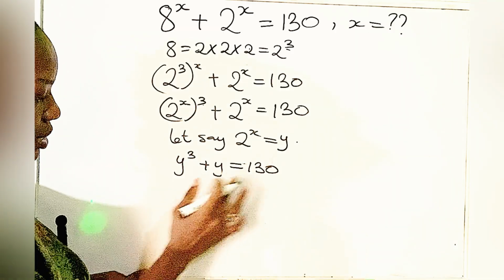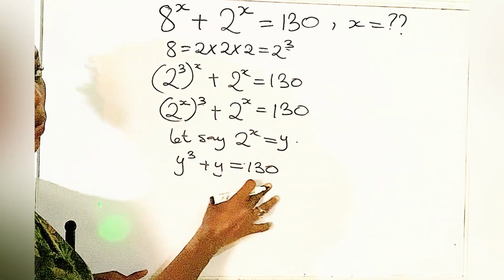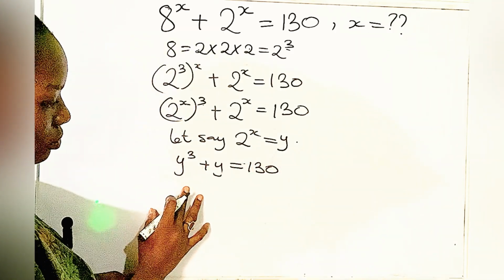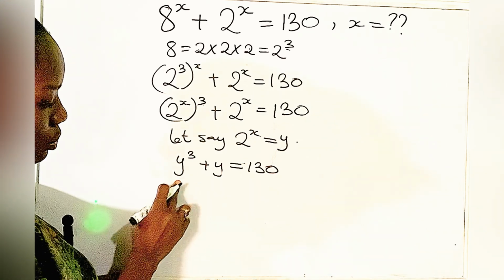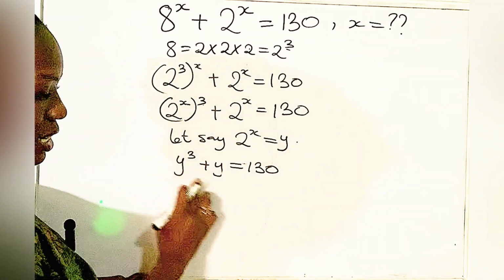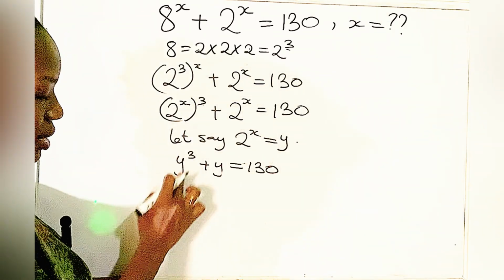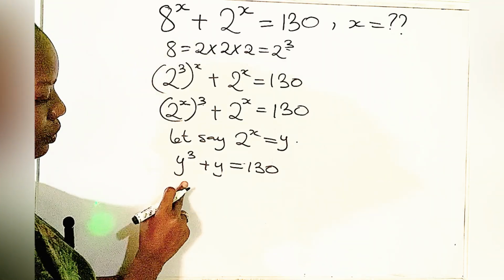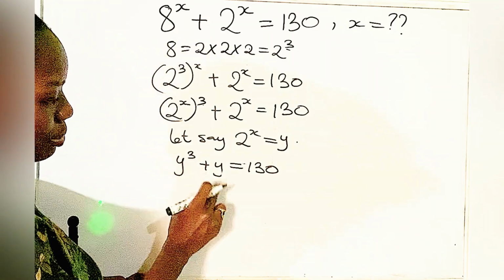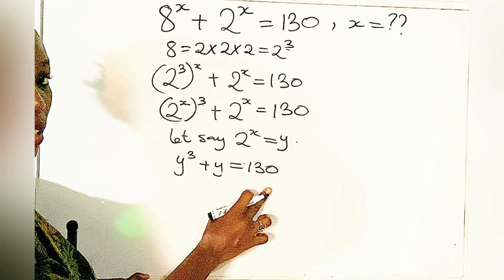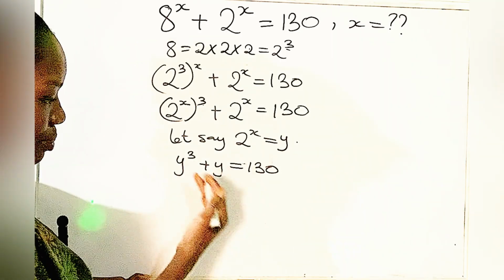Now, let's fix a number to see if we can get 130. So let's start with 2. 2 squared is good, but 2 cubed is going to give us 8, so that would not work. If you start with 3, 3 cubed will give us 27 plus another 3, which would not give us 130. So let's start with 4, which is a bigger number.